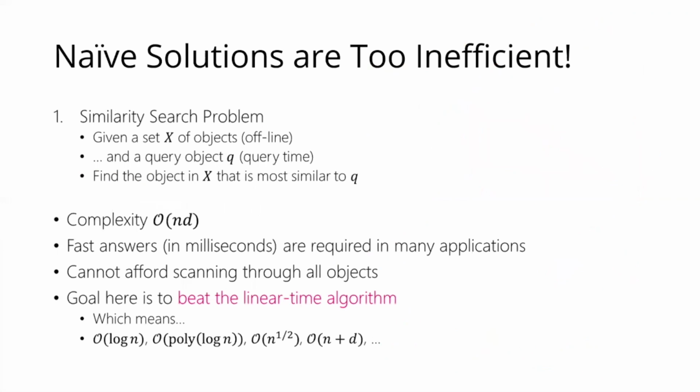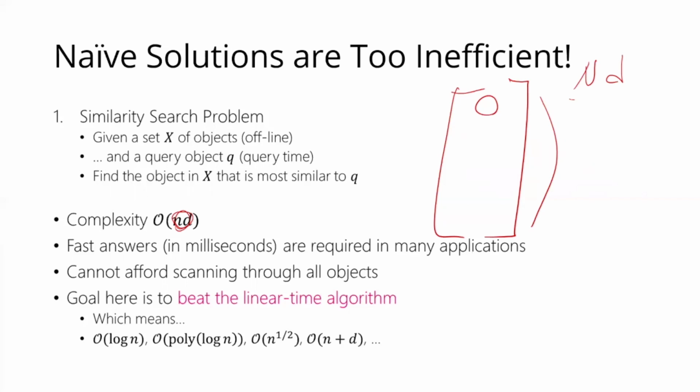So obviously these naive solutions are not so good, right? For the first similarity search problem, I already mentioned that we need to compute a vector. In order to compute the vector, for each element in the vector, we basically need to go over the total d dimensions, and then we have to do it n times.